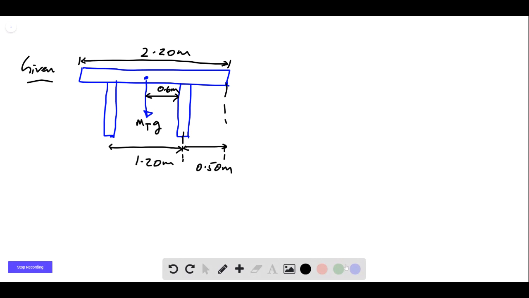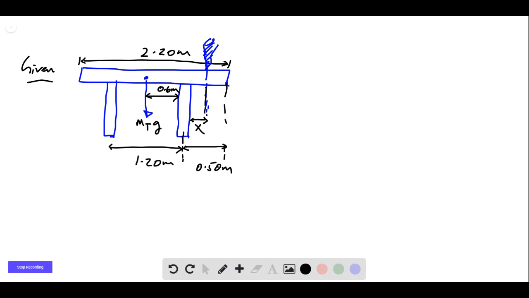The question for this problem is, if we have a person standing right here at this side of the table, we don't know what the distance is from the right leg of the table. Let's just call it X, the distance from the right leg of the table.